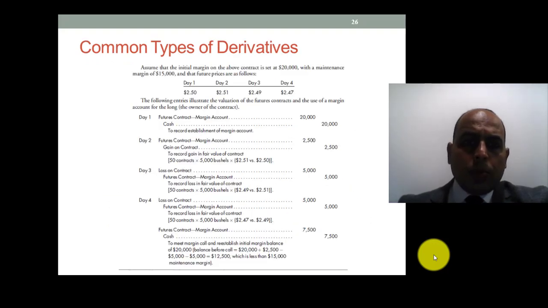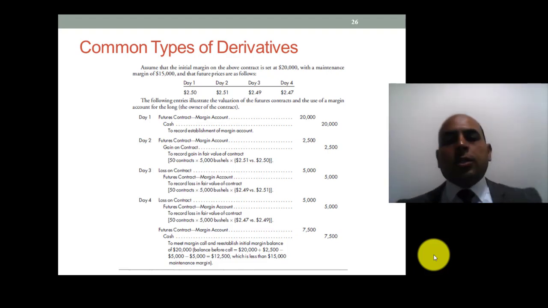Here in this example, we assume that the initial margin on the above contract is set at 20,000 with a maintenance margin of 15,000, and that the future prices are as follows: day 1 2.5, day 2 2.51, day 3 2.49, day 4 2.47. As we discussed before, we have an agreement between two parties.